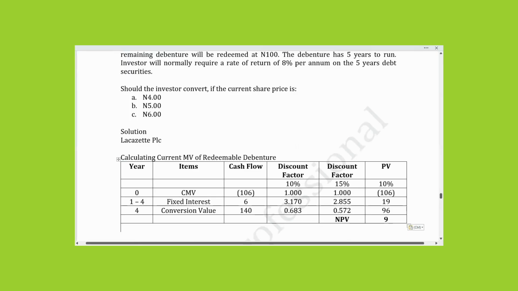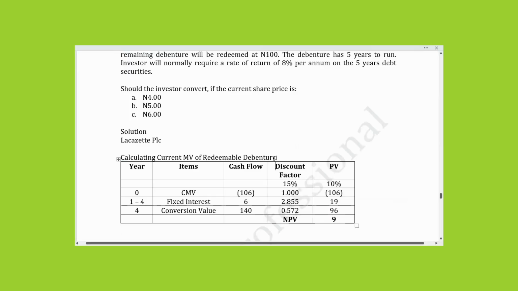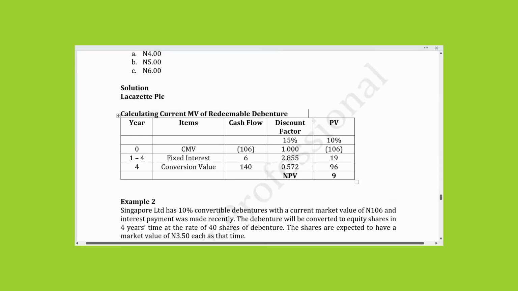Okay, so we want to calculate the current market value of this redeemable debenture. So here will be market value, or we call it present value. So here is redeemable.